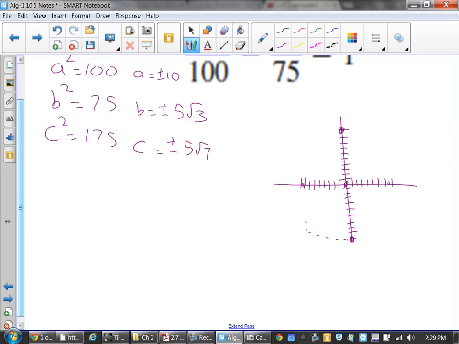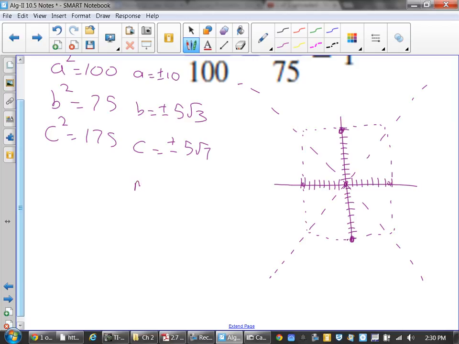All right. I do want to talk about how you find the slope of this line when you've got a radical for your change in x. We know your rise over run: you went up 10, you went right 5 root 3.